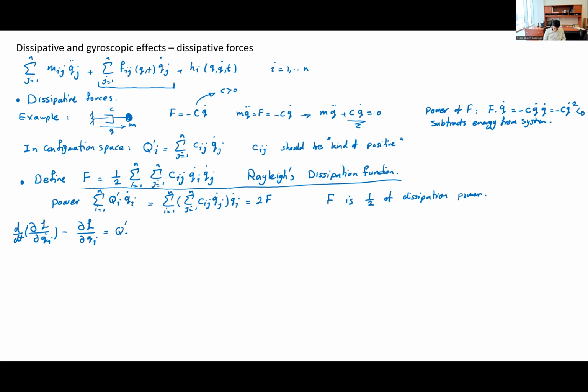We used to have Q prime i, but noting that Q prime i is actually partial F partial q dot i, in this case the equations, if we have dissipative forces only, and possibly some conservative forces as well, are going to look like d over dt of partial L partial q dot i minus partial L partial q i.